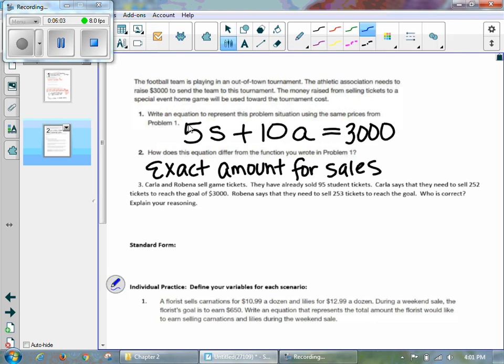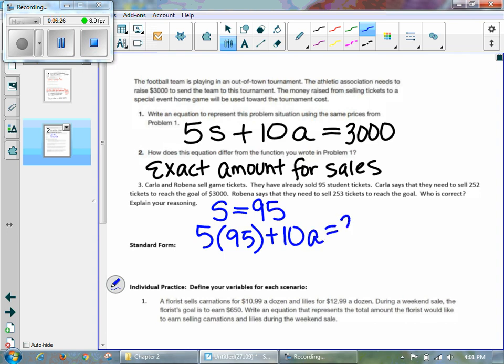So we know they've sold 95 student tickets. So why don't we let S represent the 95 student tickets sold? Let's substitute S into our expression and solve for the amount of adult tickets we need to sell. So we have 5 times 95 plus 10 times the adults, and we know we need to raise $3,000.